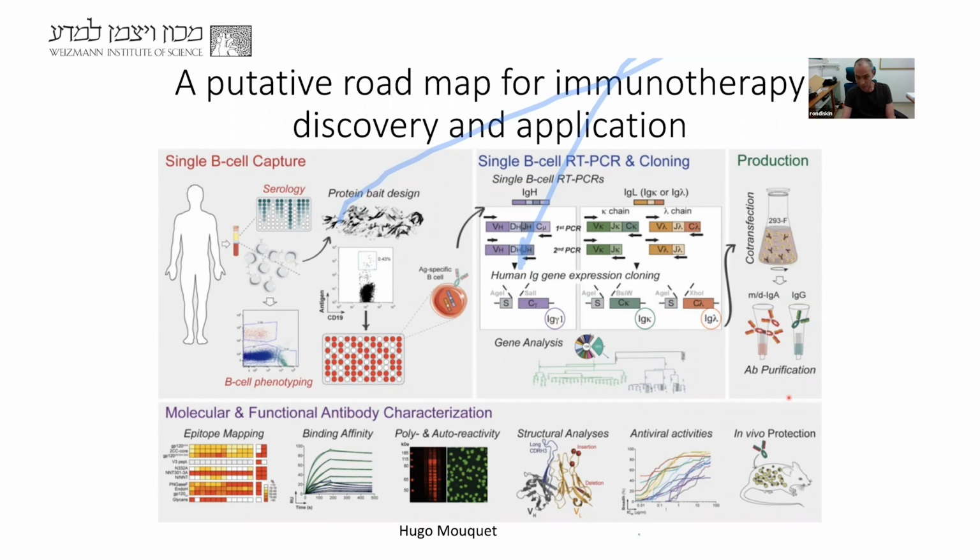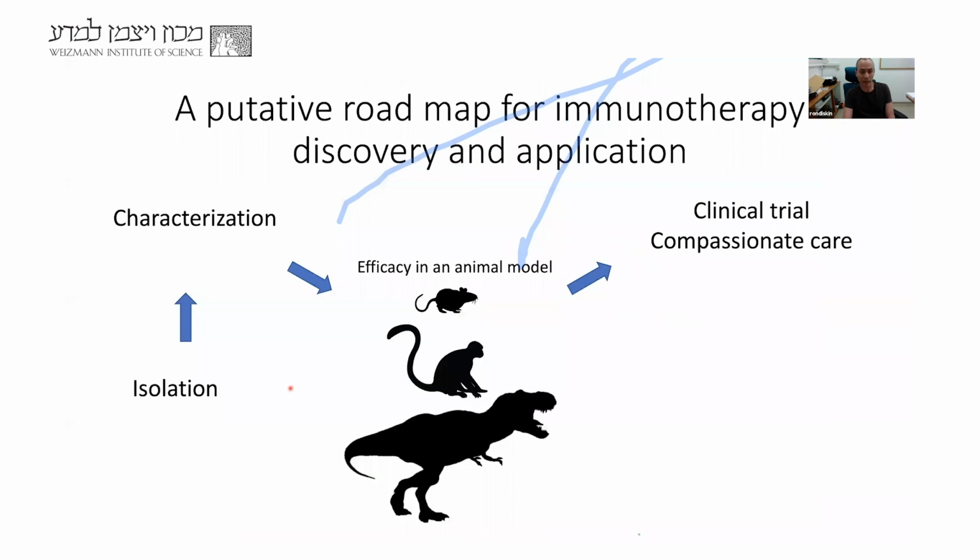This is mostly where we contribute to this effort, in the characterization step. And once we'll have antibodies, then the roadmap for using them is looking like that. So we'll need to isolate them, we'll need to characterize them, and then we'll need, like vaccines, to test them in some kind of an animal model and then proceed to a clinical trial.